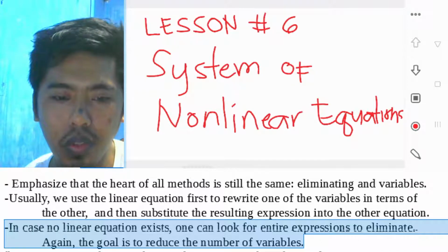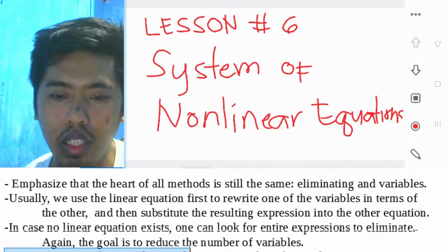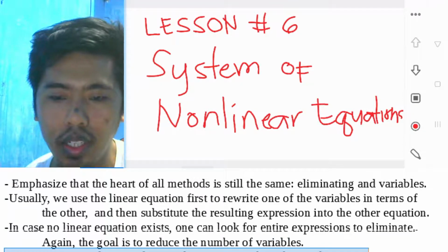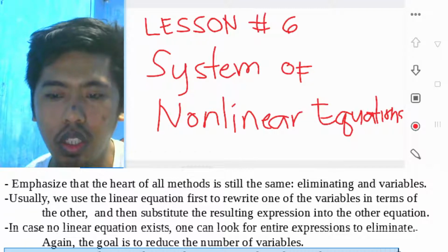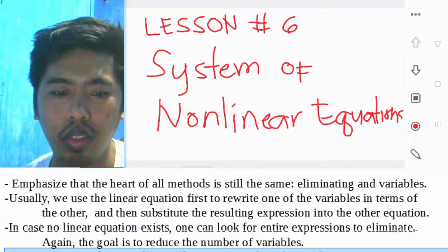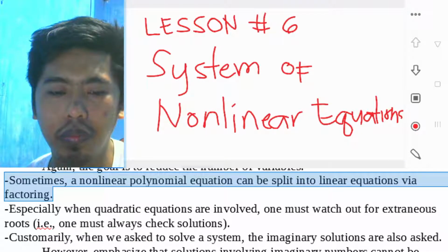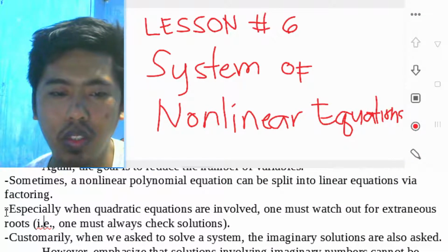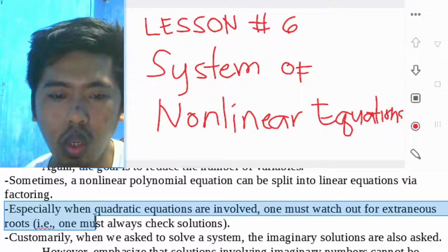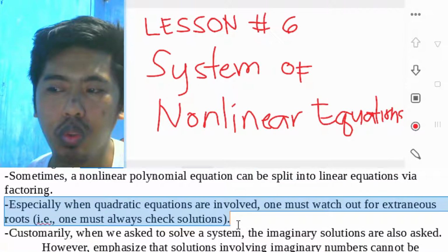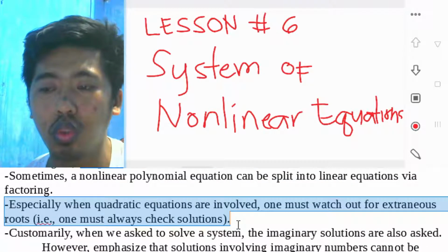Now, sometimes, usahay, a nonlinear polynomial equation can be split into linear equations via factoring. Okay? Now, we have some examples for that later. Next, especially when quadratic equations are involved, one must watch out for extraneous solutions, extraneous roots.